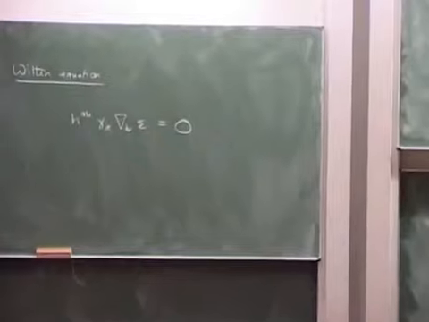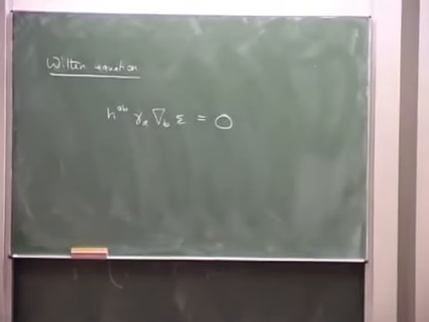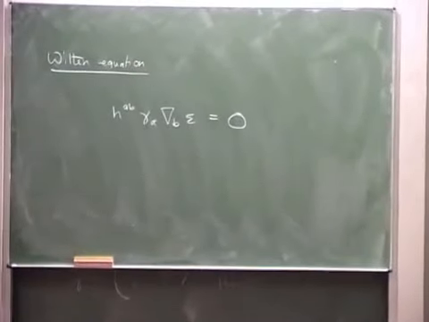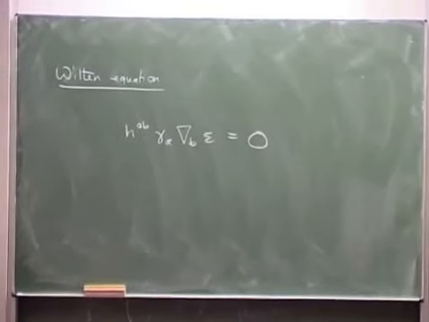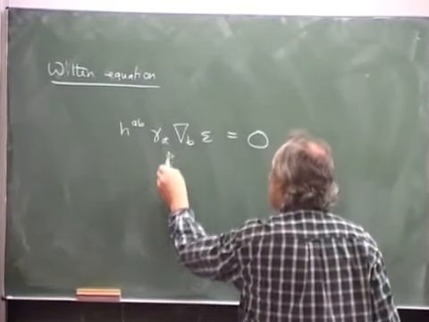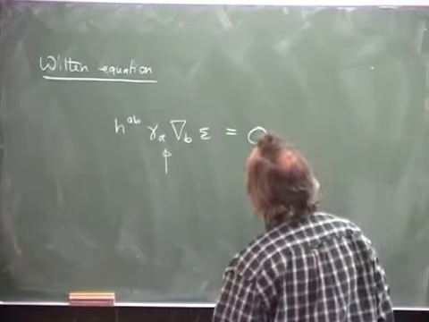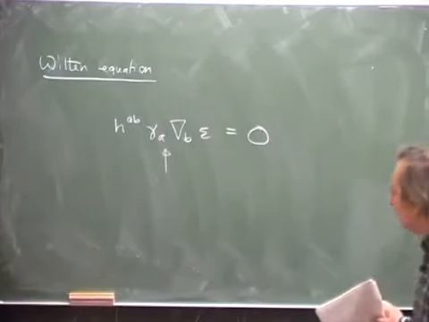This is more or less the projection of the Dirac operator into the surface sigma. I need to have one piece of notation here.